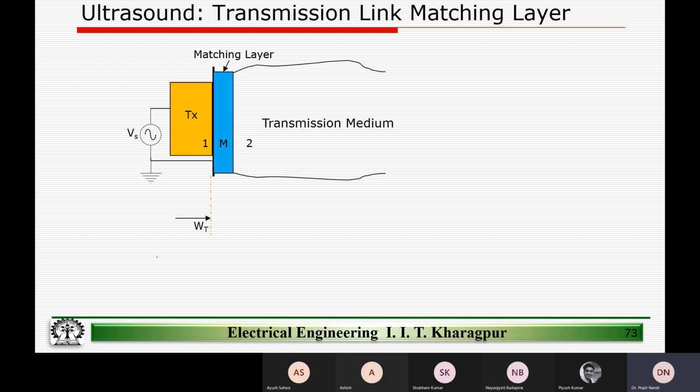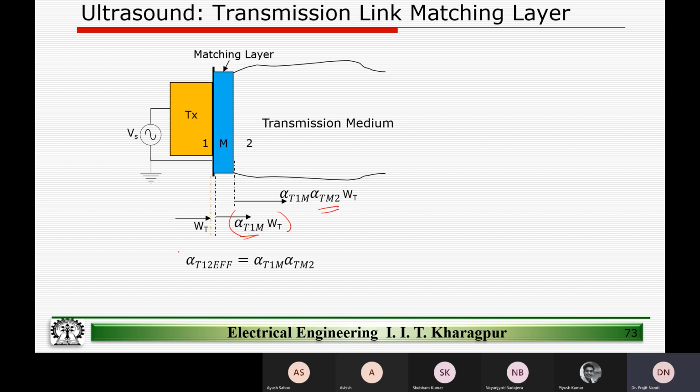So if this is WT, as we discussed earlier, the amount that will be transmitted into the medium M is given by the transmission coefficient between 1 and M, alpha T1M, times WT. And similarly, the power that will finally reach the transmission medium will be given by the incident power multiplied by another transmission coefficient, alpha TM2, right?